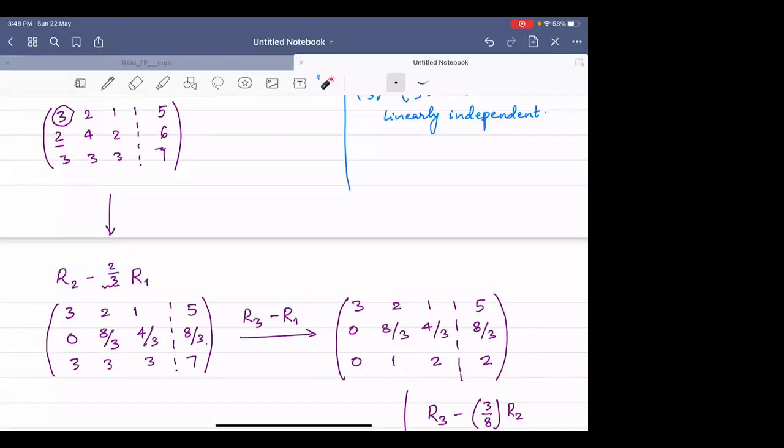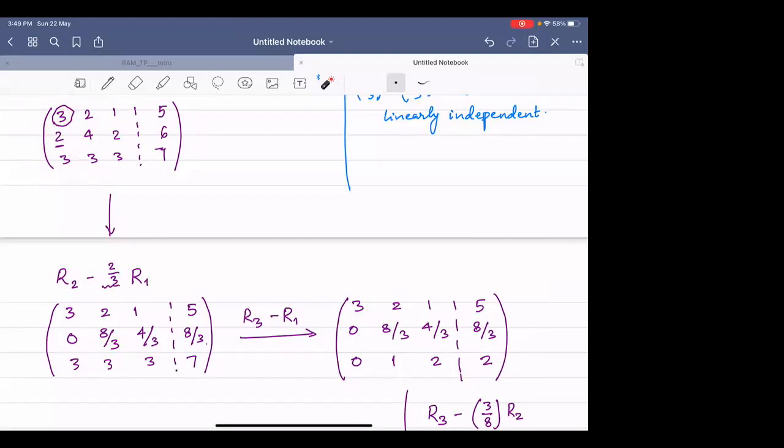So I will tell you one guideline. One thing is that we want to make these below-diagonal elements 0, right? And the first row is unchanged. So always what we'll do is, when we are eliminating these elements in the first column, we will use this element for the elimination. See, that's what we did, right?